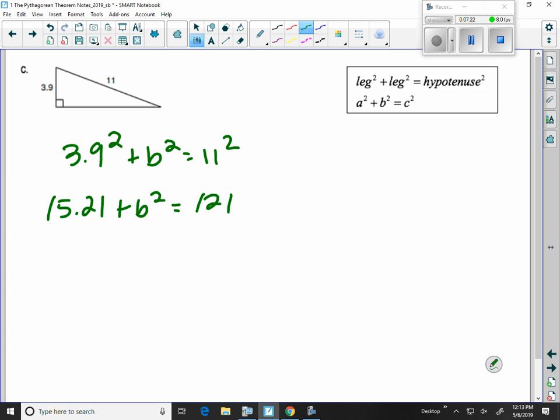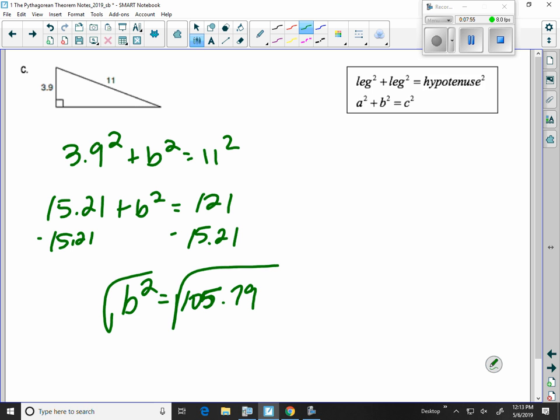Now what would we do from here? Subtract the 15.21. How do you do that in your head? My brain was starting to hurt while I was doing it. All right, now what do we do?